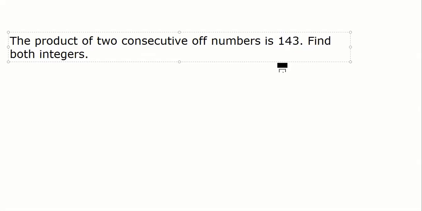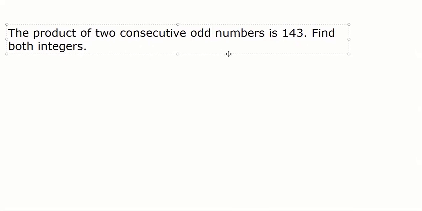Just tell me what will be your equation. I said odd, but the typing was different, because in audio I said it is odd numbers. The product of two consecutive odd numbers is 143. Find both integers. I don't want you to solve it. I want you to tell me the quadratic equation only.